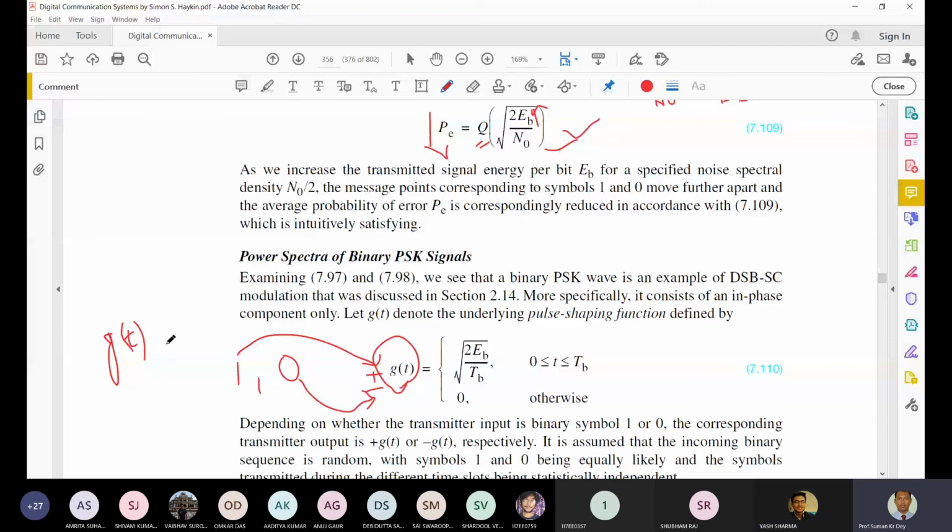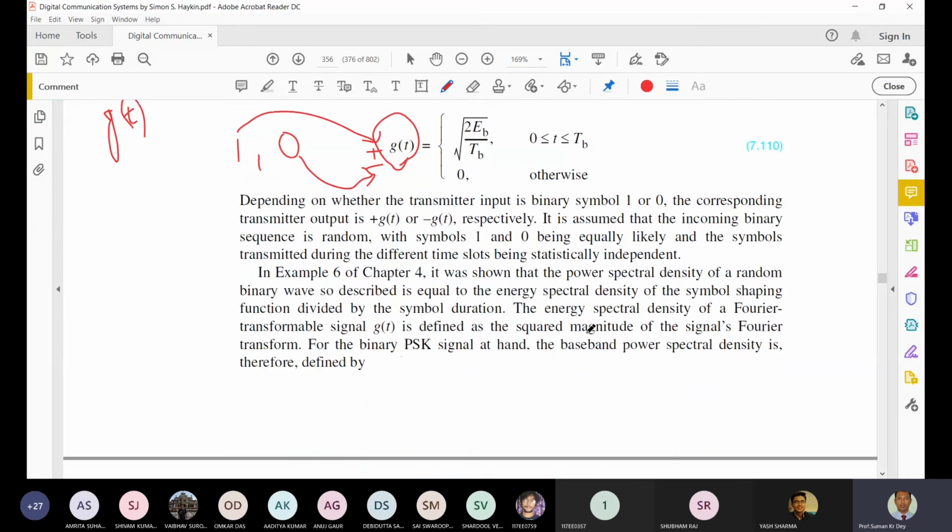So g(t) will be rectangular. Now, if we want to calculate the energy spectrum, we do the Fourier transform of that g(t), and since g(t) is a rectangular function, we get a sinc function as the energy spectrum density.